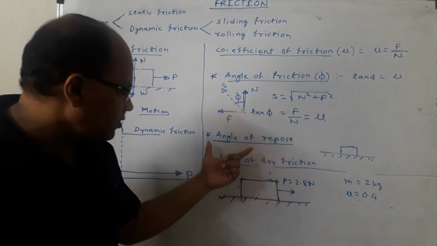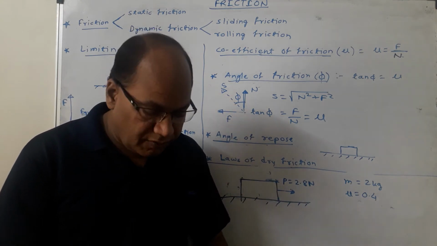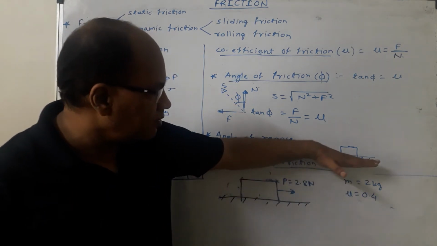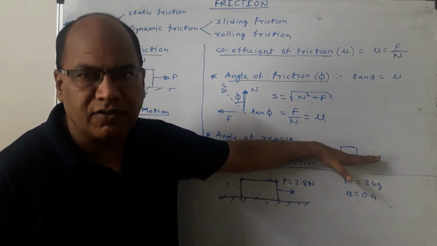Now the next term to be defined is the angle of repose. In order to define the angle of repose, I am considering a body which is kept on a rough horizontal plane.